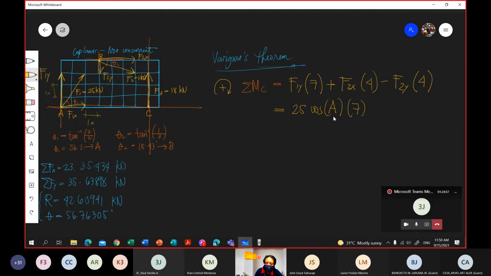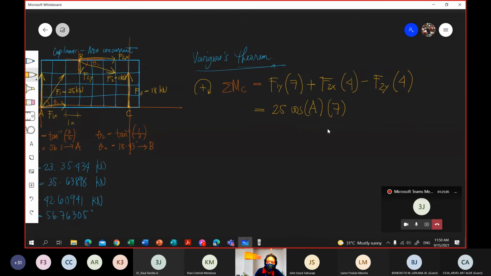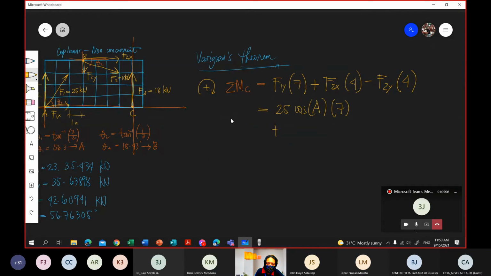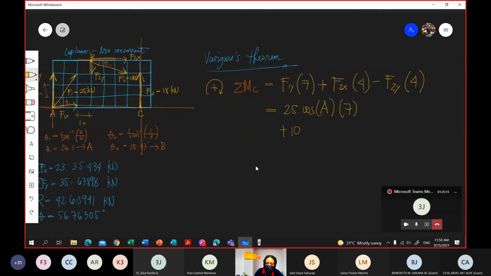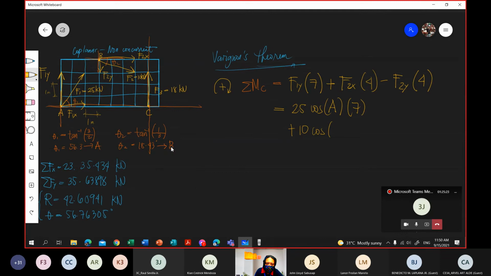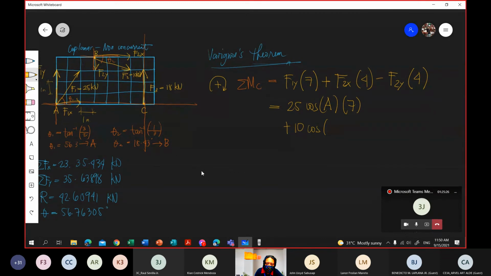Take note, 25 cosine A, and this is F1y, times 7. Be careful when inputting in the calculator. Plus your F2x, that is 10 kilonewton cosine of your angle theta 2, which I stored as B. So I'll use B here. This is F2x, so you still have to multiply this by 4.